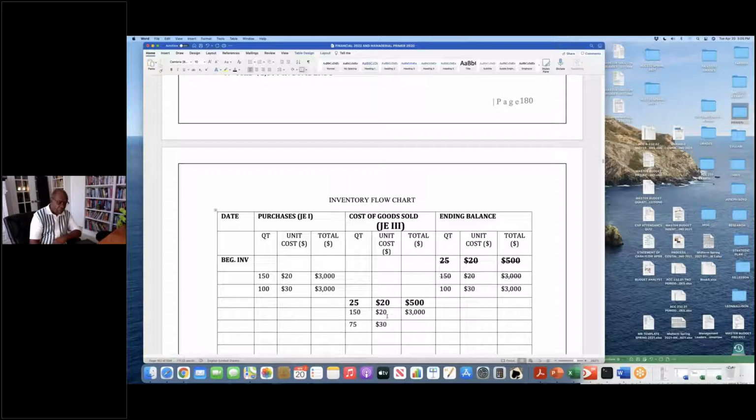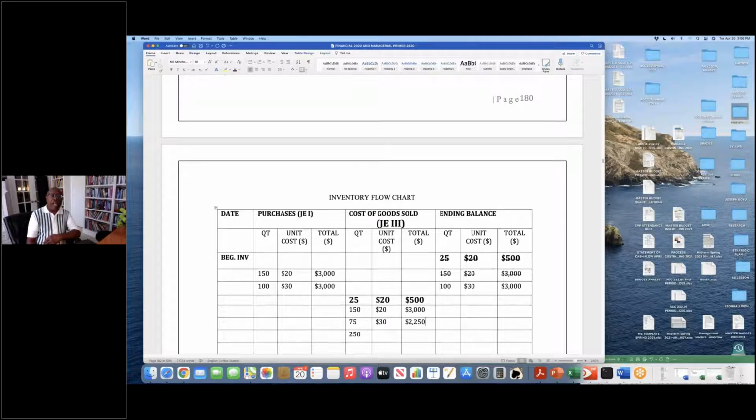So we need a total quantity of 250. So 30 times 75 is what? You got 2,250. Is that 2,250? Yes.